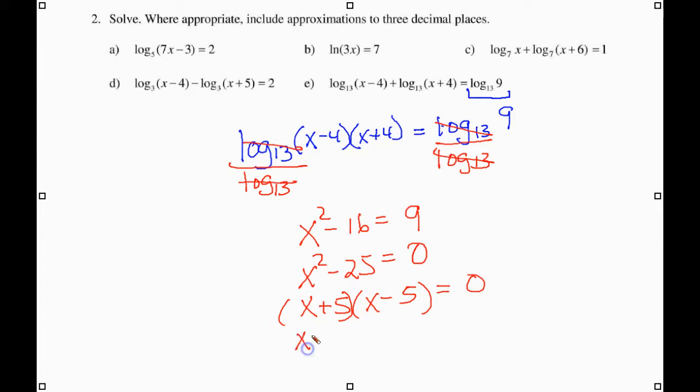And this becomes x equals negative 5, x equals 5. Now notice your negative 5 would make this a negative value here, which is undefined. So we eliminate that, and this is our answer.